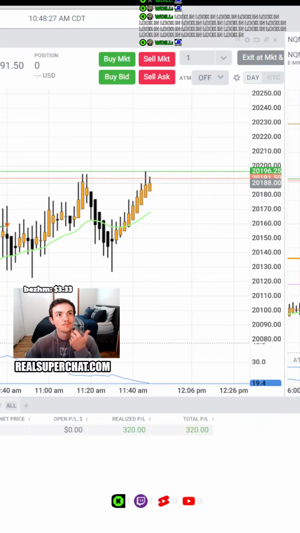Bitcoin neutral right now. It's not pushing or dropping. NQ's up 1.6% on the day. ES 1.4. Nvidia is just steadily climbing.